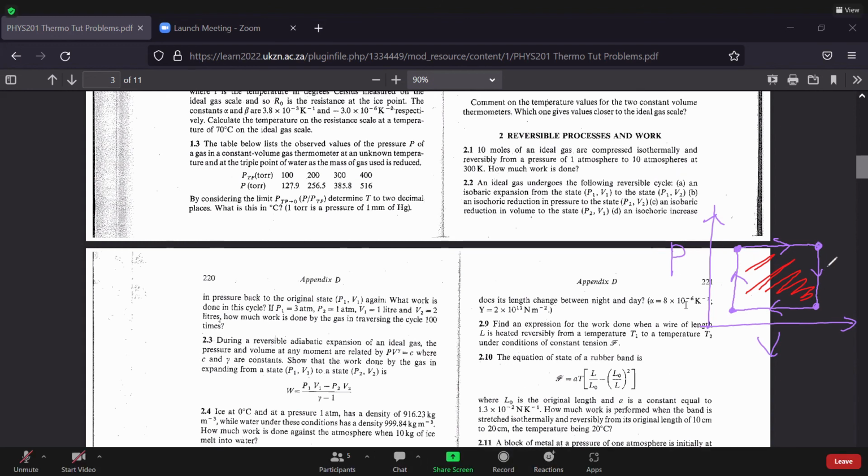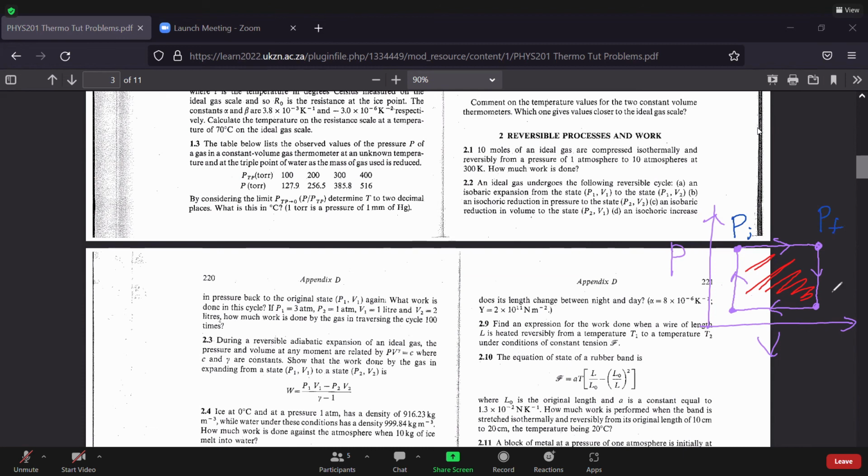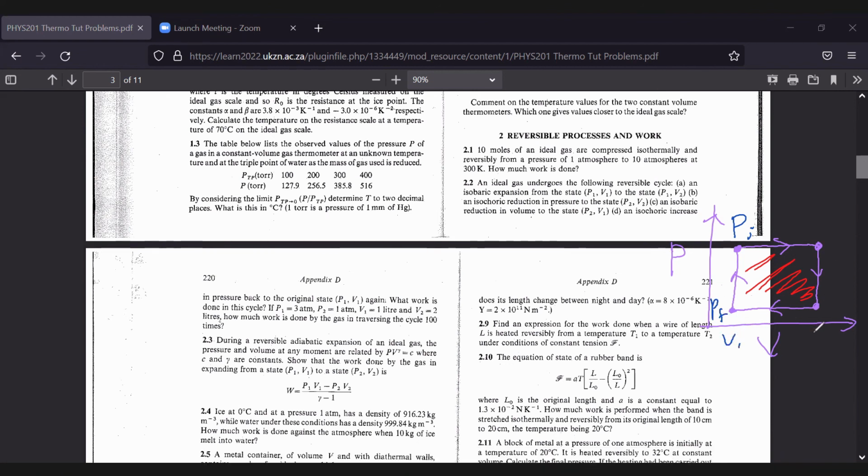So if this is PI and this is PF, and VI and VF, then yes, for this specific case, that does work because the area is equal to delta P times delta V. Where delta P is this length over here, let's put that in pink.